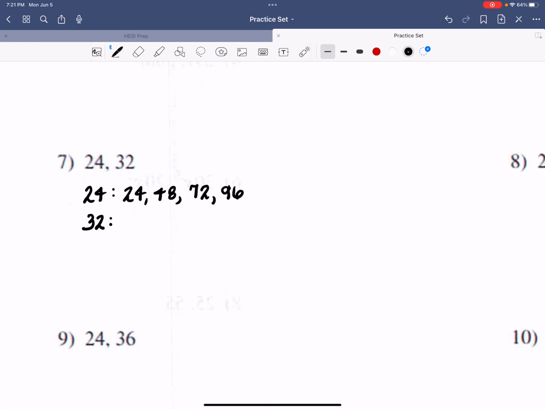I'm going to stop and see if I can get a match. I honestly don't know this one. 32 times 3 is 96. I had a feeling that was it, but I honestly did not know until I did it. So the lowest one for those two, because they're very large numbers, is 96.